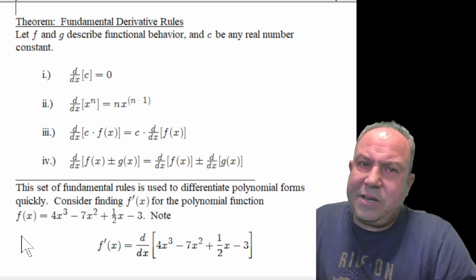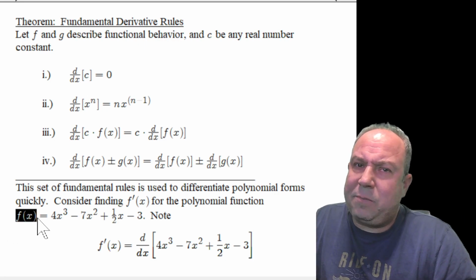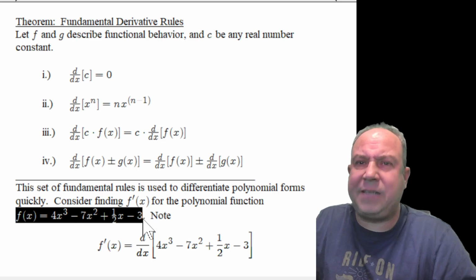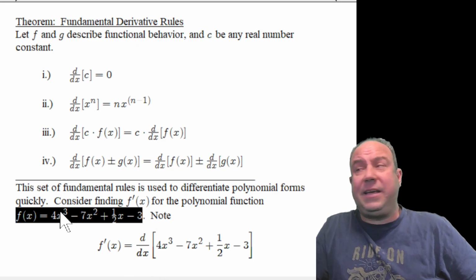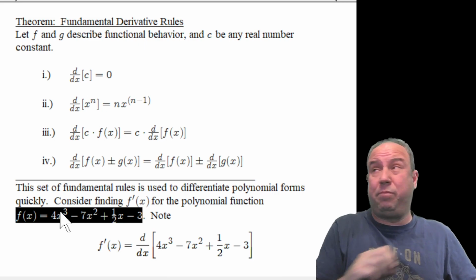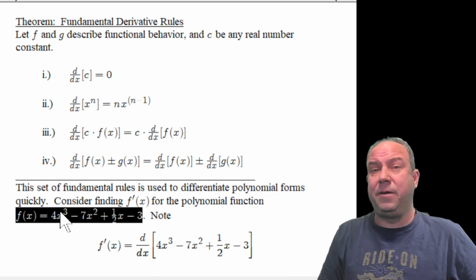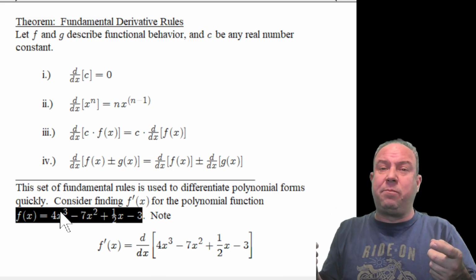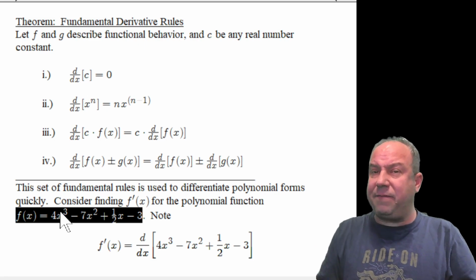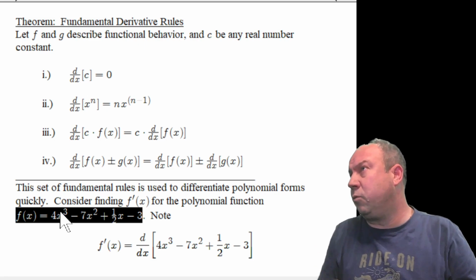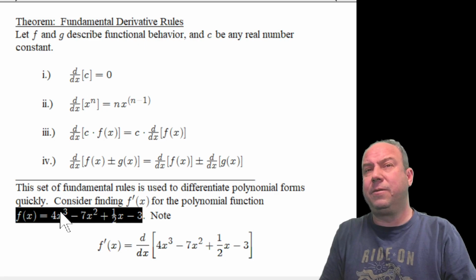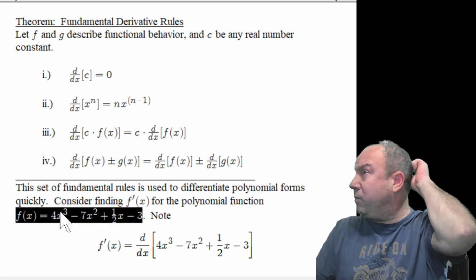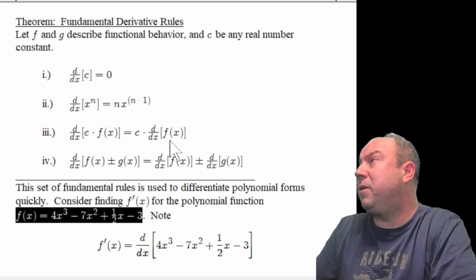The definition is definitely not something we want to apply to this case alone. Applied here to this f of x, it could become really messy. But if we understand the rules above, we can avoid that definition by just following the rules above. So those are the first fundamental rules here, folks.